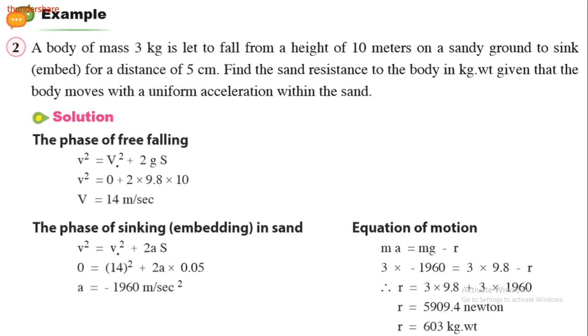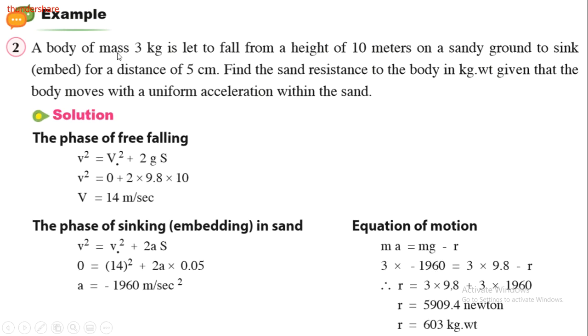This is an example you can see. A body of mass 3 kg is let to fall. Of course, this means that V initial equals 0. From a height of 10 meters, of course, we can calculate the final velocity. It will equal 14. And this is free fall. There is no need to use Newton's second law, but you may also use it because we have here acceleration, which is gravity.